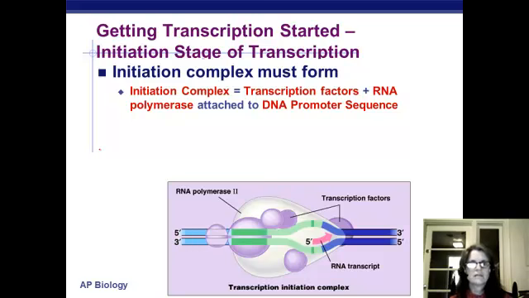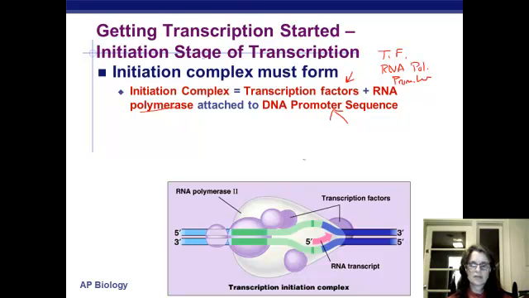Initiation means we have to bring all the things together that we need to get started. That means the transcription factors that are going to help the RNA polymerase attach, and then the particular sequence on the DNA so everything knows where to attach. So the transcription factors, the RNA polymerase, and the promoter.